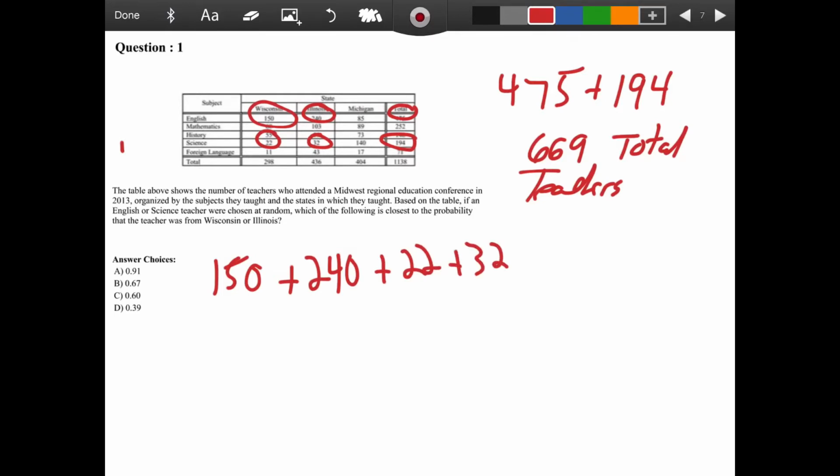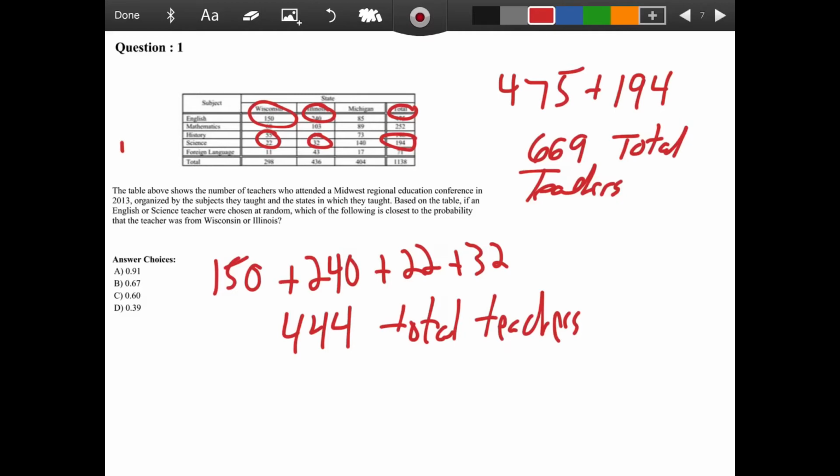Plug that into my calculator. And we get 444 total teachers. And that's from Wisconsin or Illinois.